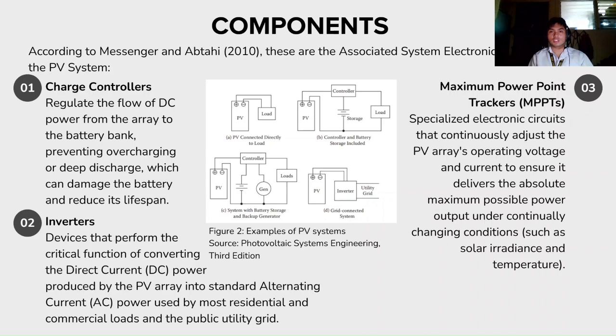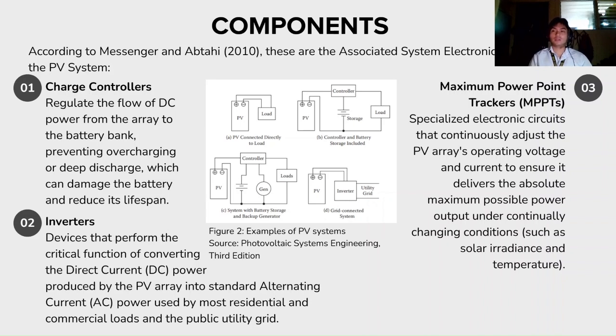So it analyzes those conditions. It continually adjusts depending on the environmental conditions, and it adjusts accordingly to ensure that it produces the maximum possible power. So this maximum power point tracker really depends on the environment.